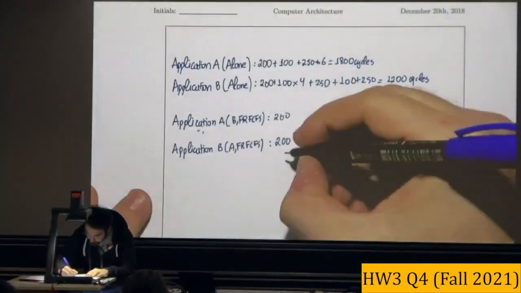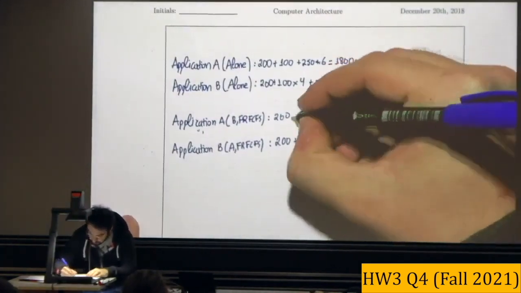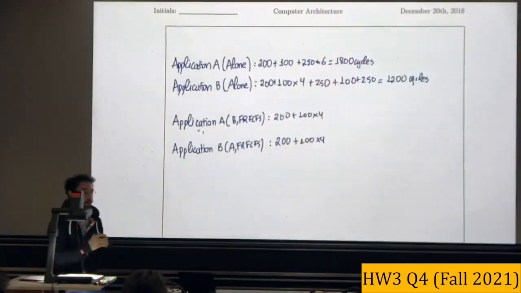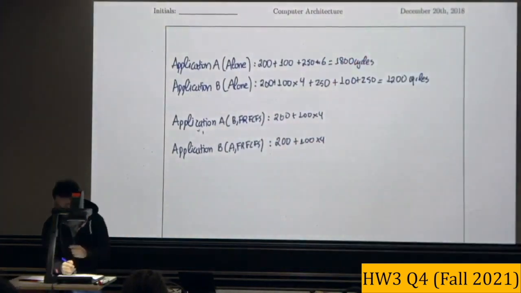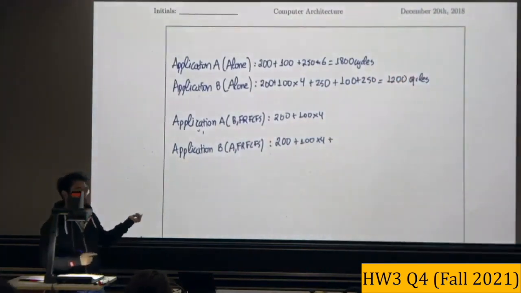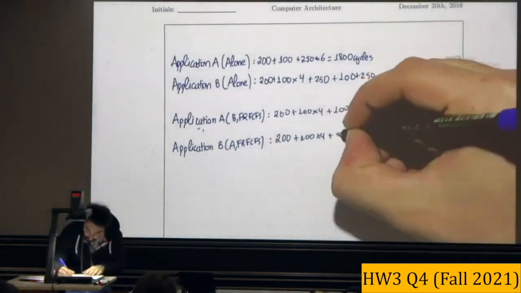So what we will do is that we will have 200 plus 100 multiplied by 4, and 200 plus 100 multiplied by 4 because we perform an accumulative latency. Then we service the row 2 from application A. So we have a hit in both.